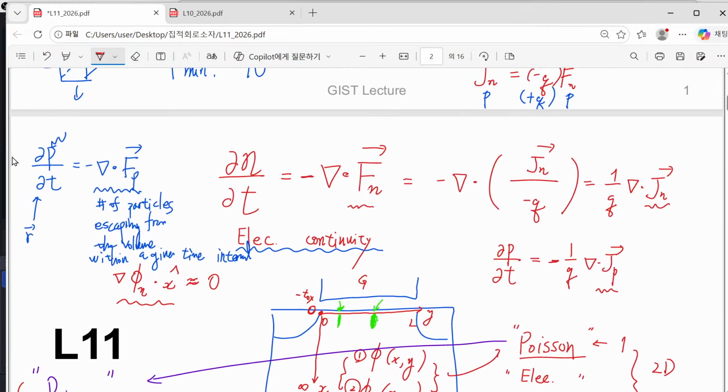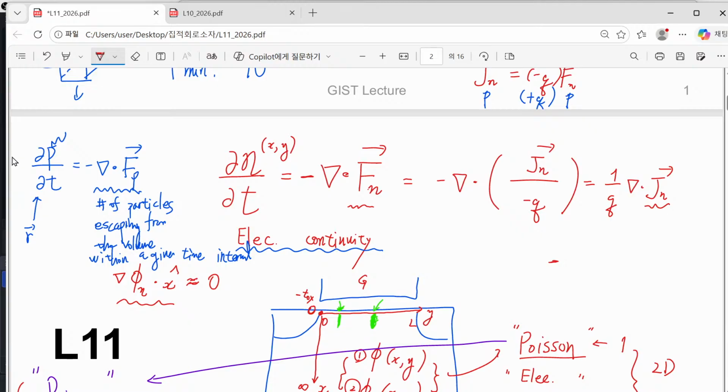So anyway, now you understand I have to solve this equation everywhere. Everywhere means that at every x position and every y position, the change of electron density should be balanced with the divergence of current density.